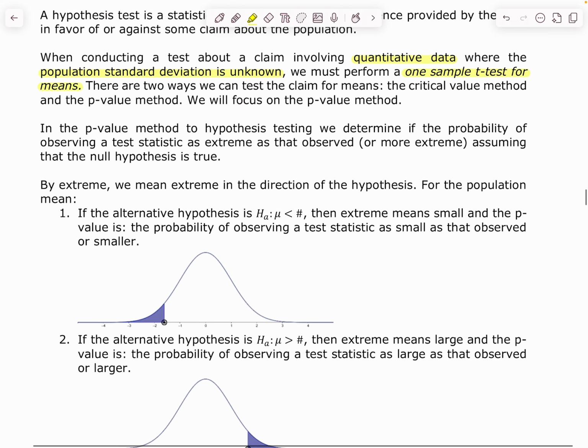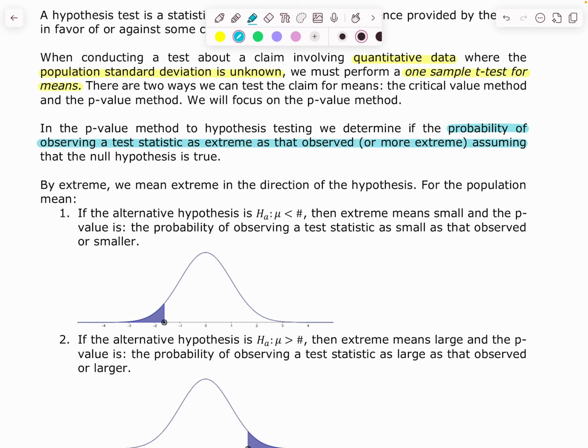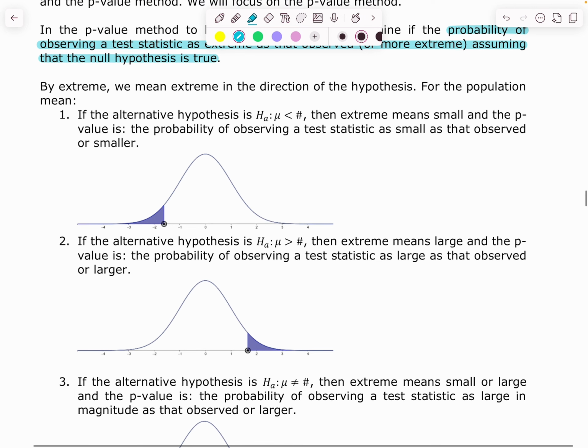So just like with proportions, in the p-value method, we will determine the probability of observing a test statistic as extreme as that we observed, or more extreme, assuming that the null hypothesis is true. So if our alternative hypothesis is a left-tailed test, so mu is less than some number, then extreme means small.